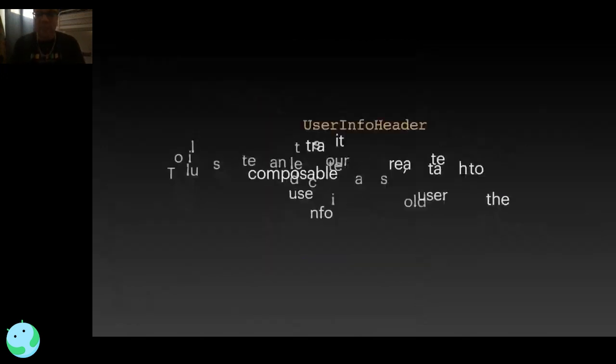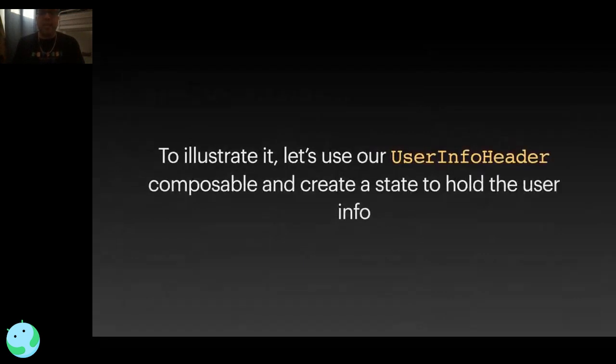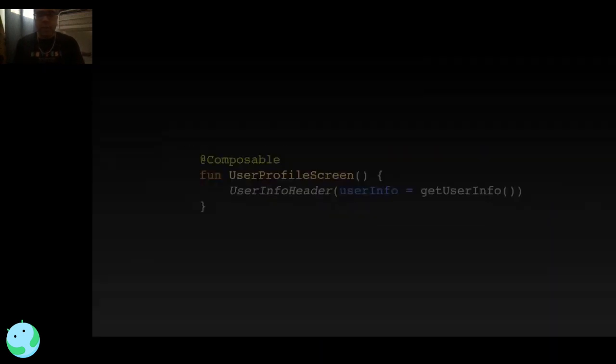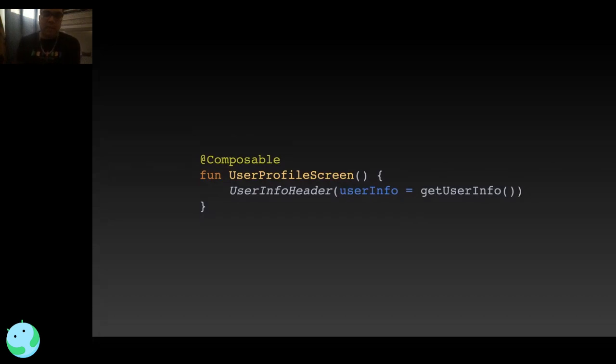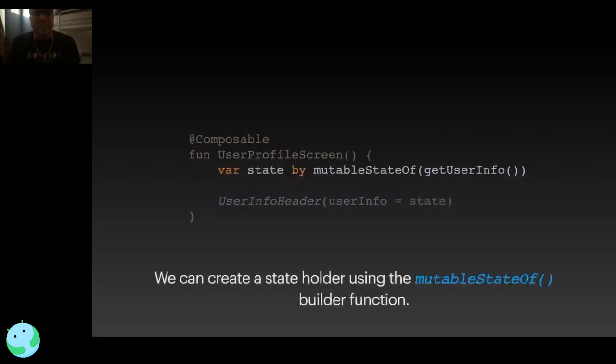So to illustrate it, let's use our user info header composable and create a state to hold the user info. Here we are creating a user profile screen, right? Inside of that screen, we are using our user info header. We are passing some dummy data from a function get user info that will be different in your case. And we can create a state holder using the mutableStateOf builder function.